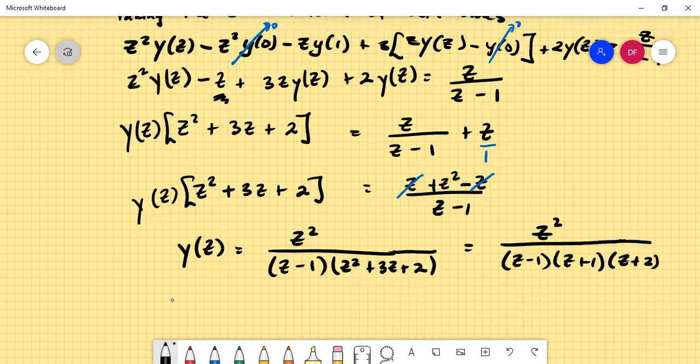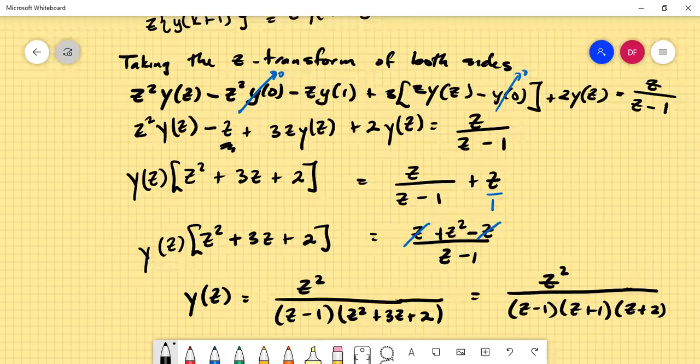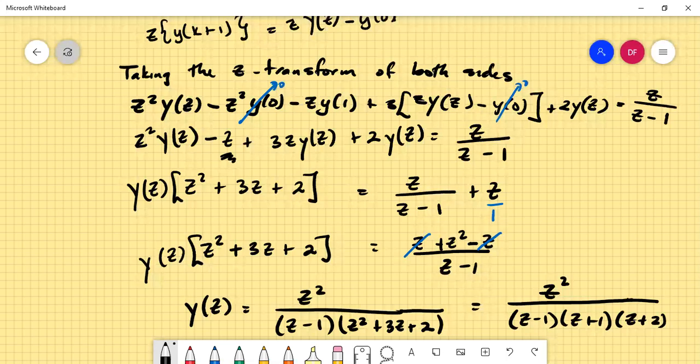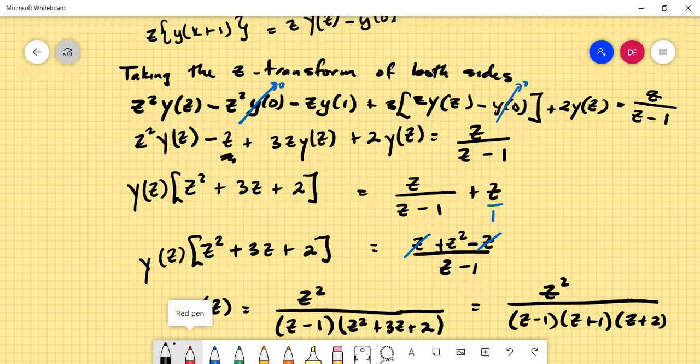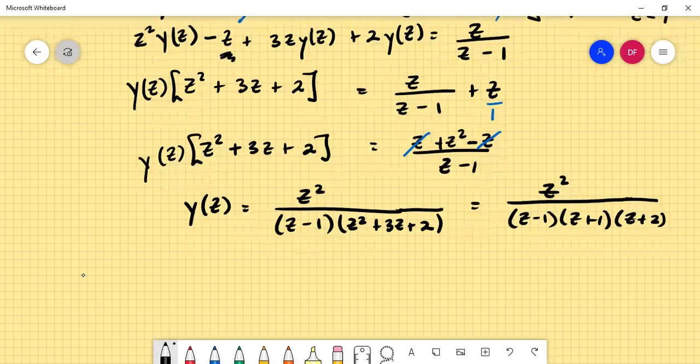All right, so at this stage, this would be very similar to what you would do if you had a Laplace transform. At this stage, what you would do is break this up into its partial fractions, so we can write the inverse Z transform.